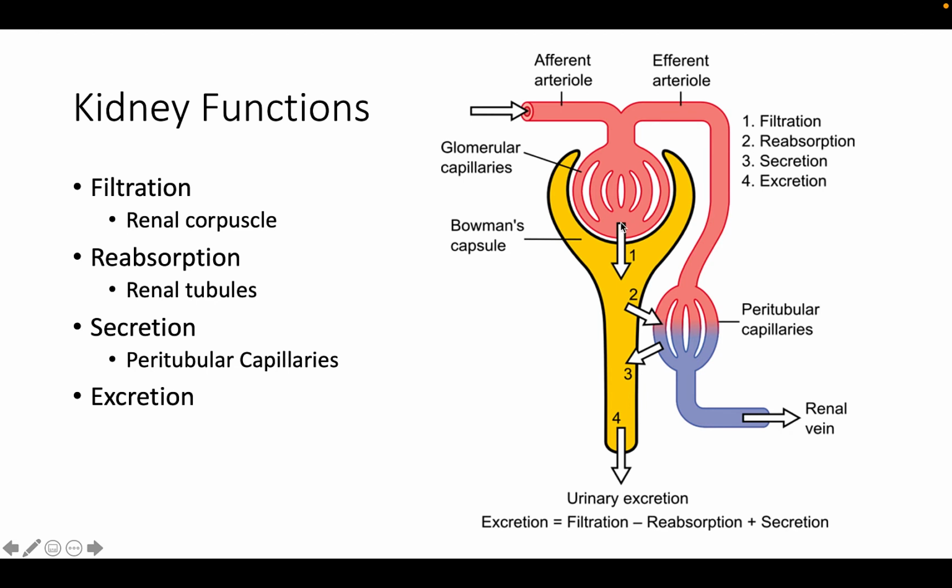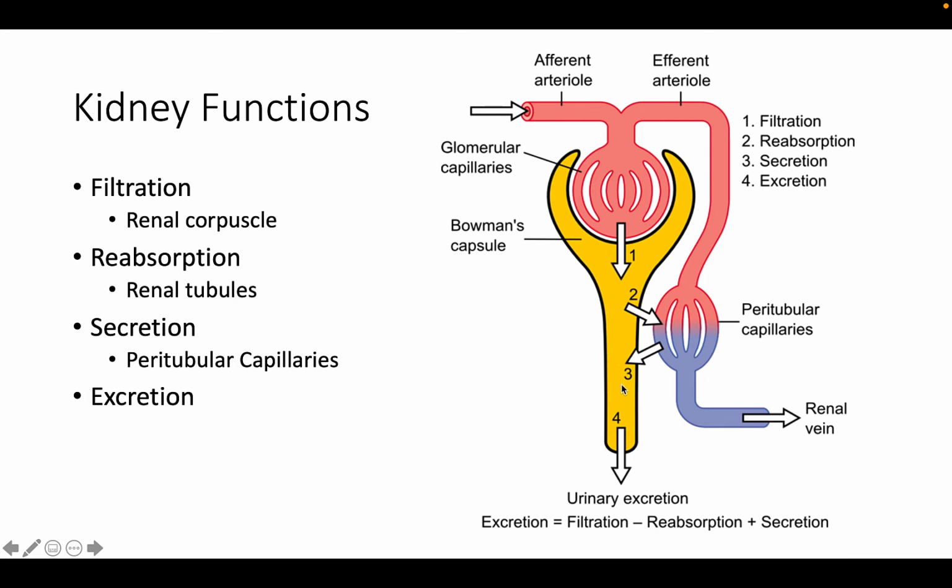Filtered substances from the glomerulus will be reabsorbed into the cardiovascular system in these peritubular capillaries from the renal tubules. And the peritubular capillaries will continue to secrete ions such as nitrogenous wastes and hydrogen ions back into the renal tubules. So that's an event of secretion.